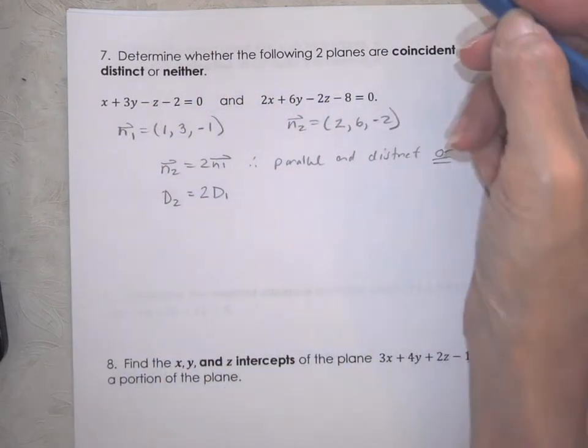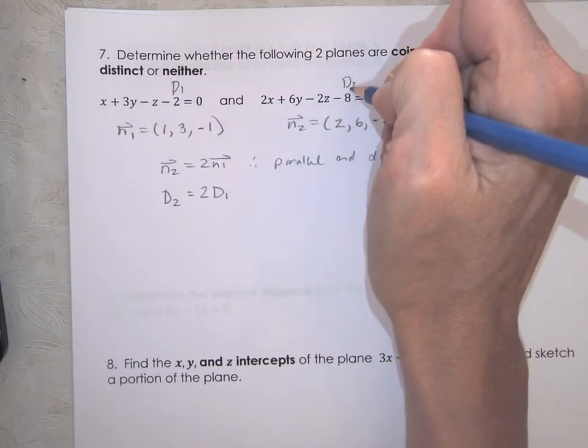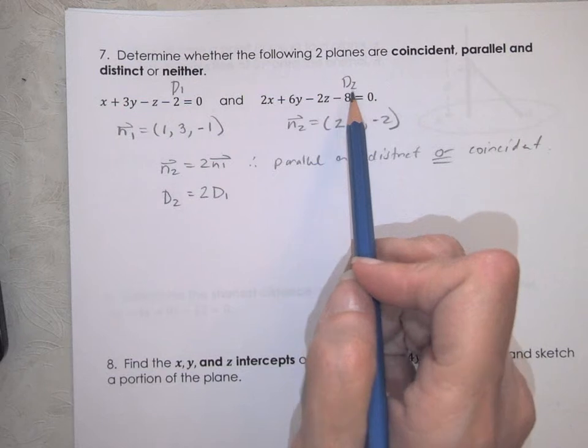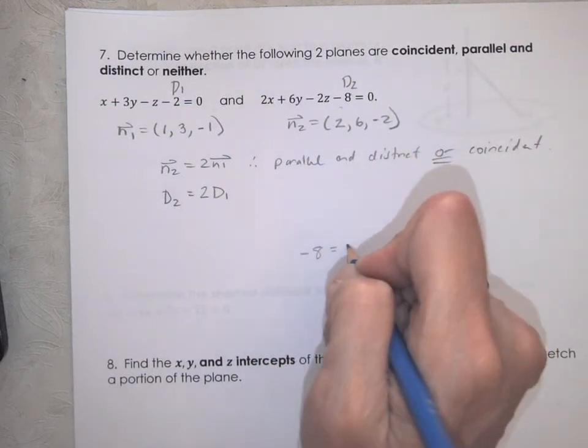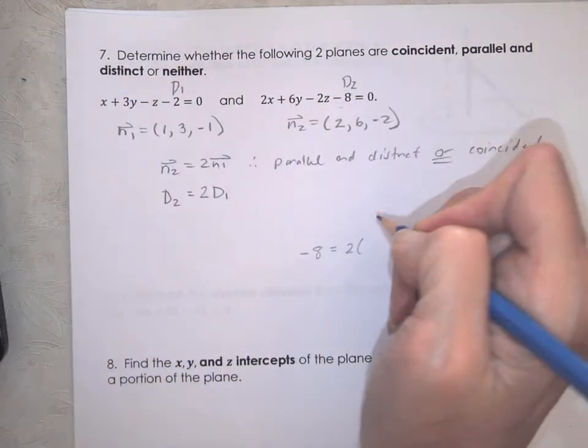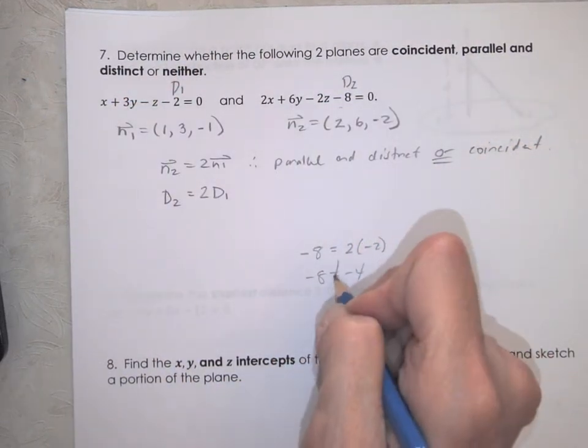So is D2, this constant here, so this is D1, this is D2, is D2 -8? I'm thinking to myself, is -8 equal to 2 times D1, which is -2? And the answer is no.